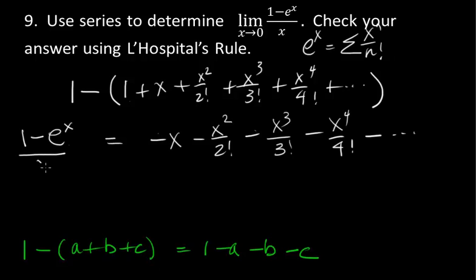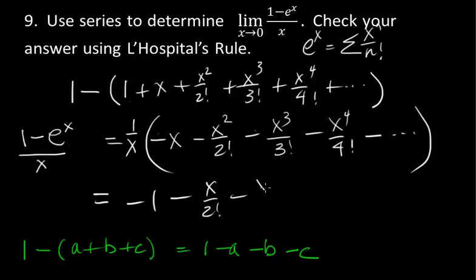And now we want to divide that by x. So in other words, I'm going to multiply this series here by 1 over x, or x to the minus 1. And we get then minus 1 minus, subtracting 1 from the exponent, x over 2 factorial minus x squared over 3 factorial minus x cubed over 4 factorial minus, and so on.